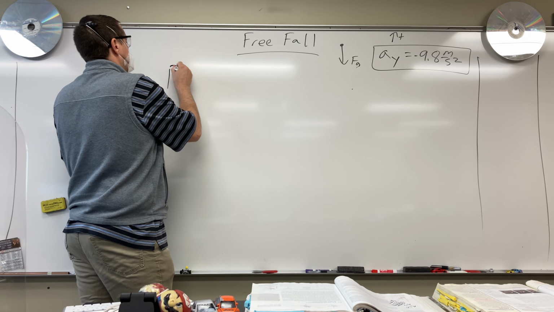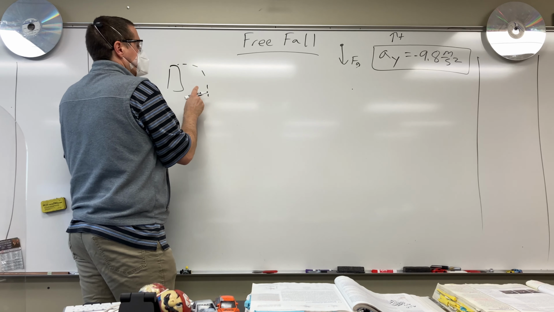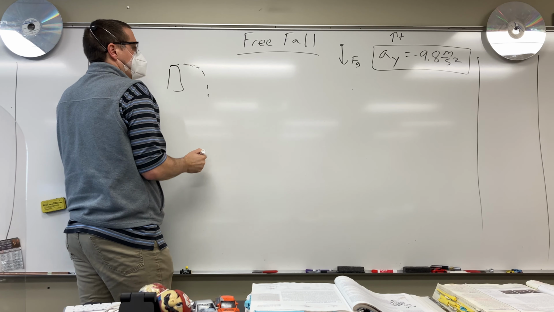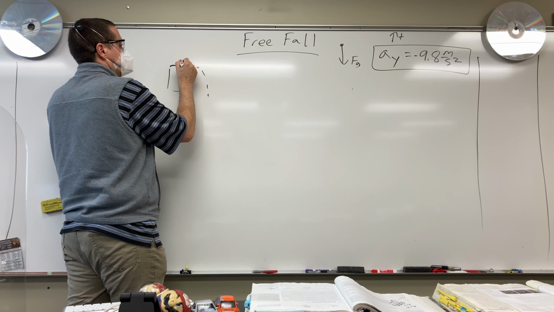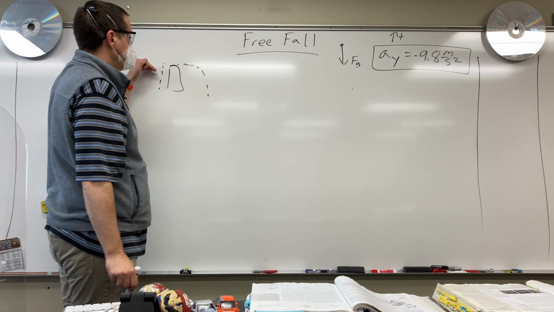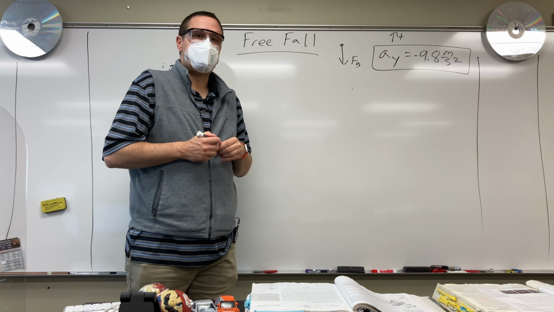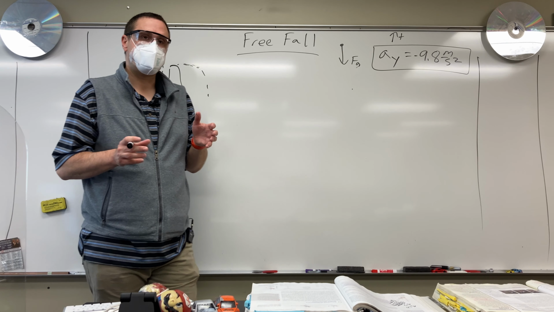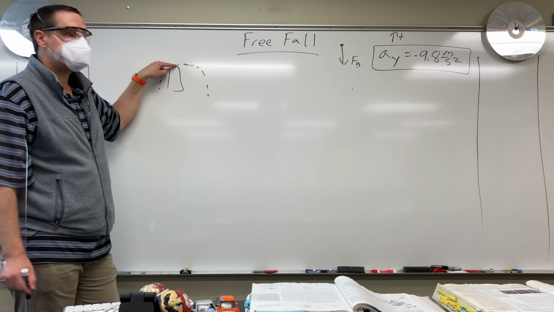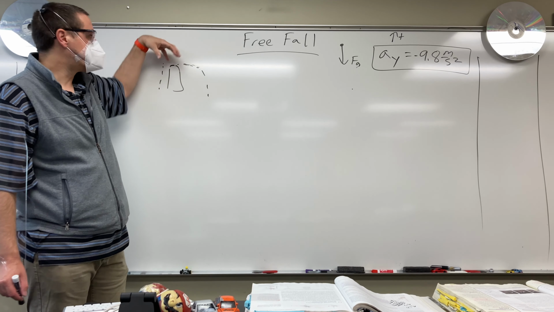Go ahead and get this up here. So there's the path of one of them. There we go. And the path of the other one, the one dropped from here, will just be like that. So we got that versus that. Well, if we look at just the y direction, and that's one of the big things here, is separate the x from the y. If we look at just the y direction, if this was fired horizontally, it was dropped in the y direction.